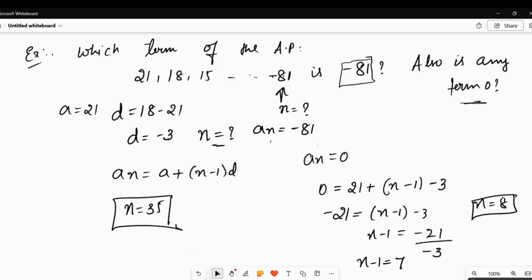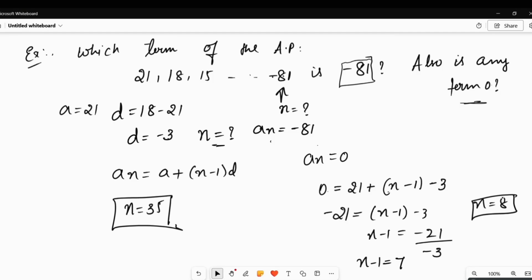If you are getting something like 8.2, then 0 is not in the AP. You will have the 8th term or 9th term, in between you don't have. So whenever you get a decimal like 8.2, 8.5, that means it lies in between two numbers. It's not in that AP. Understood? Now, here, n you are getting a whole number.